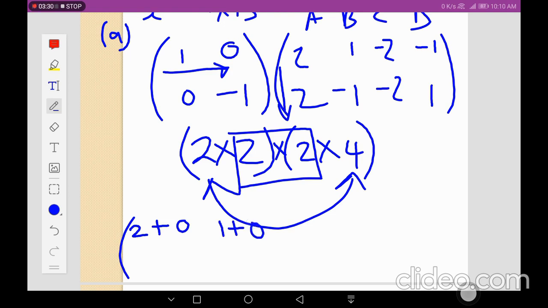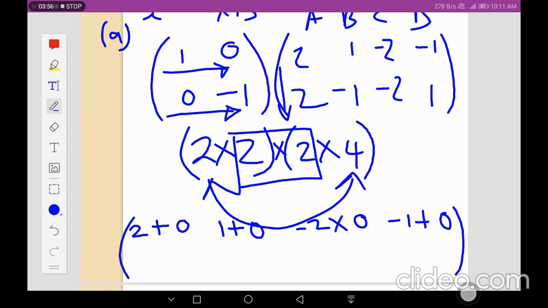Then for C, I've got 1 times -2, I've got -2, plus 0 times -2, I've got 0. The last one for D, I've got 1 times -1, -1, plus 0 times 1, I get a 0.